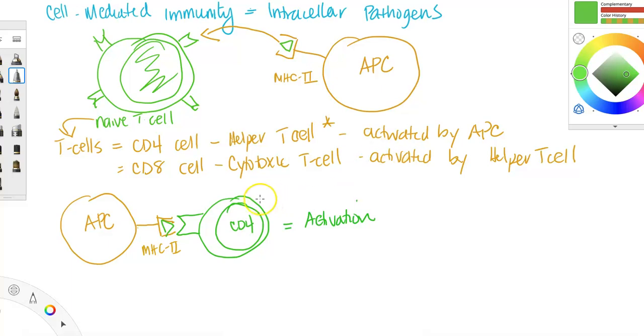So activation will occur. Now, the thing that has to be there in order for this to happen is something called a co-stimulatory molecule.